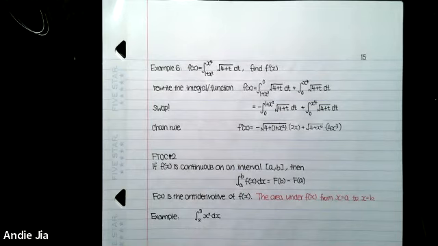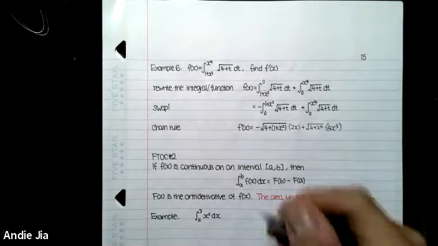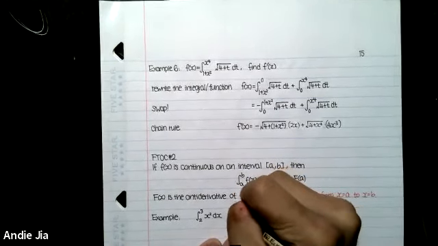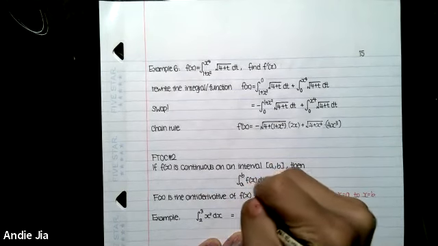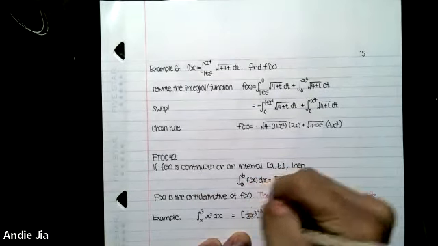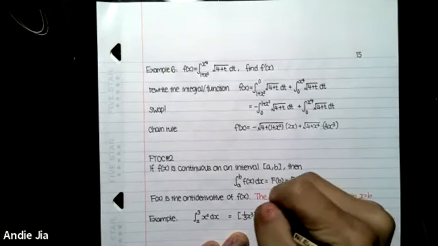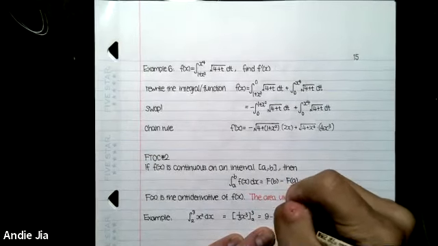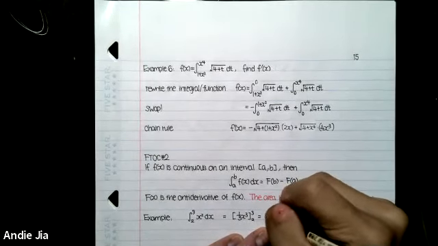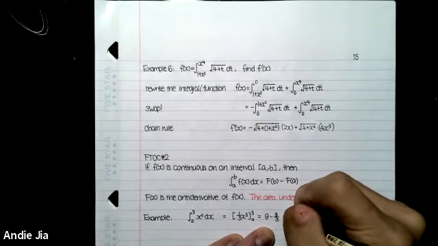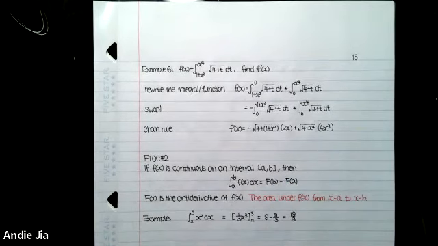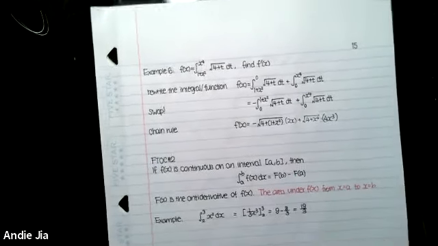For this one we are going to just find the general antiderivative, and what we have is x cubed over 3 from 1 to 2, which is 9 minus 8 over 3. It is 19 over 3. And let's do another example.